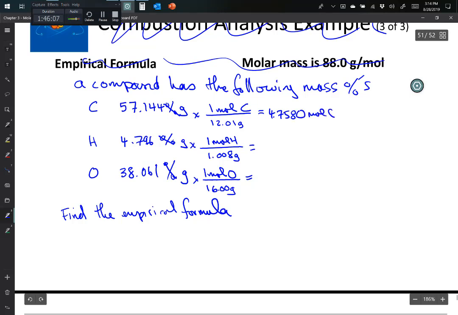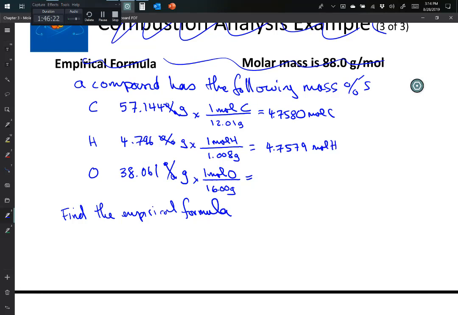And then the hydrogen should be close to 4.6 or something. 4.7579 moles of hydrogen. Was that for the percent is 4.796? Yeah. Okay. And then what's the next one? So it's 2.3788.